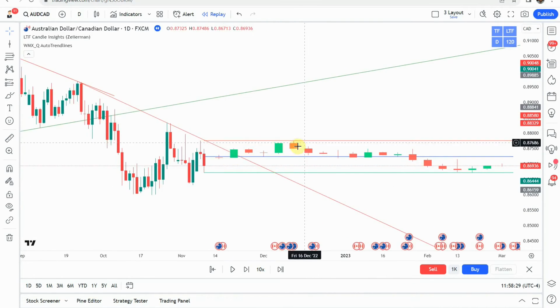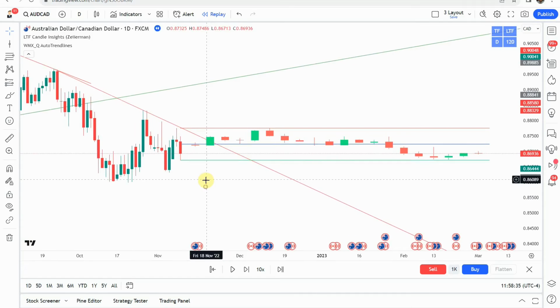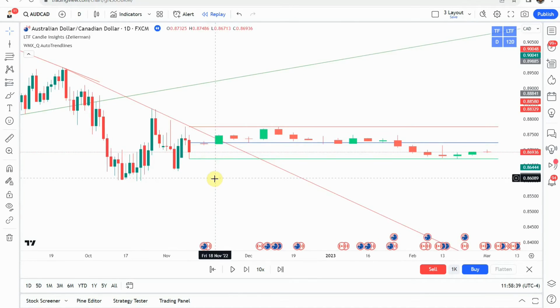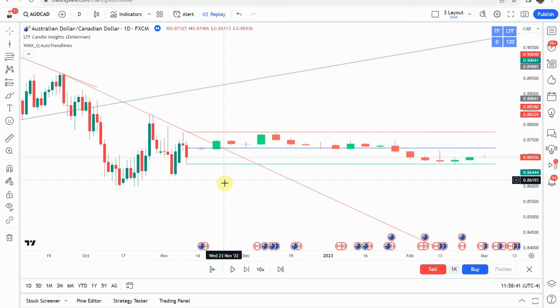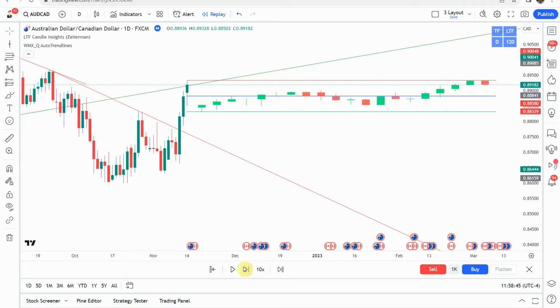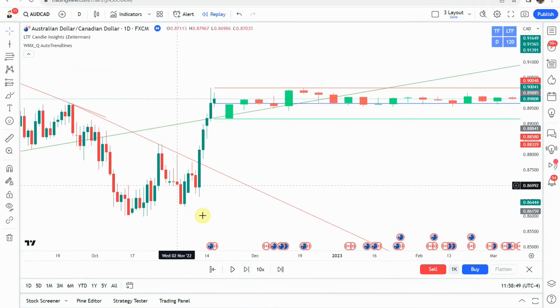Now, the LTF candle insights is going to give us an idea of when we should enter into the trade. So for example, let's go ahead and take a look at a trade setup here. I'll play this forward a little bit. You see that price has come up really nicely, starts to trade above this green trend line.